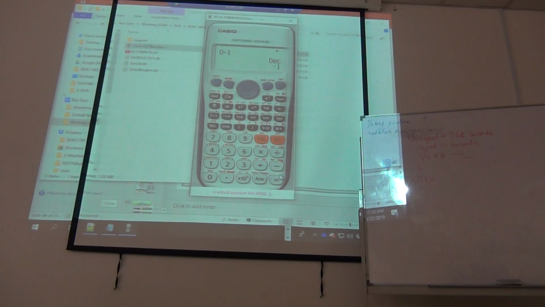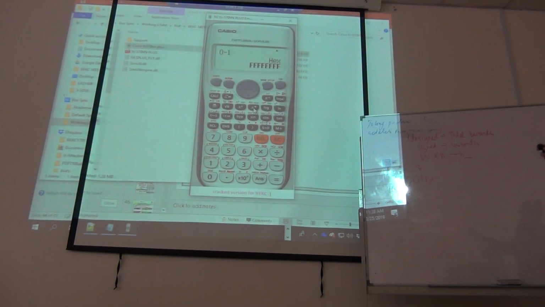If I convert to hex, that one is negative 1 in two's complement.